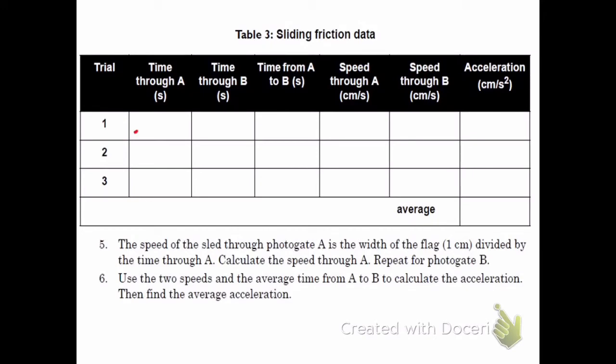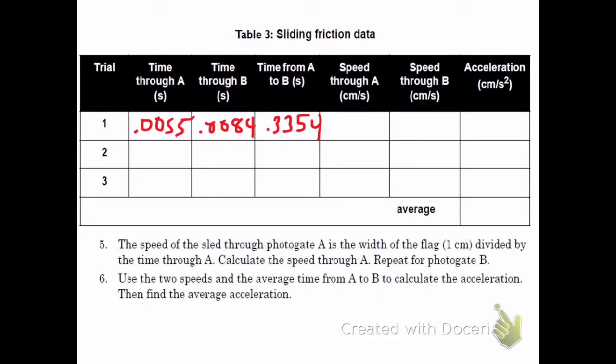So the A time was 0.0055 seconds, the B time was 0.0084 seconds, and the AB time was 0.3354 seconds.